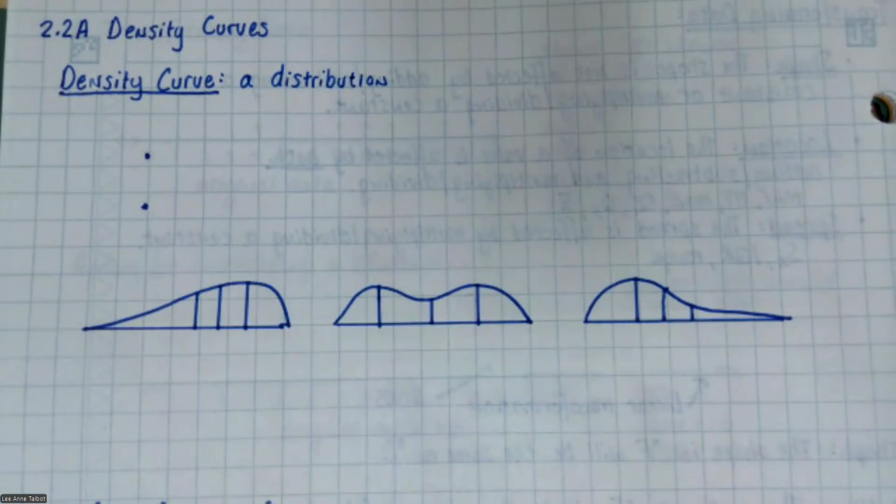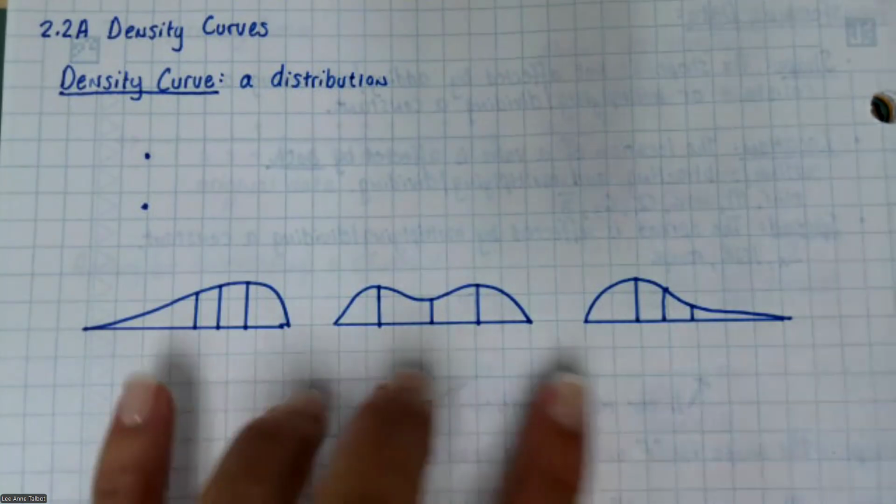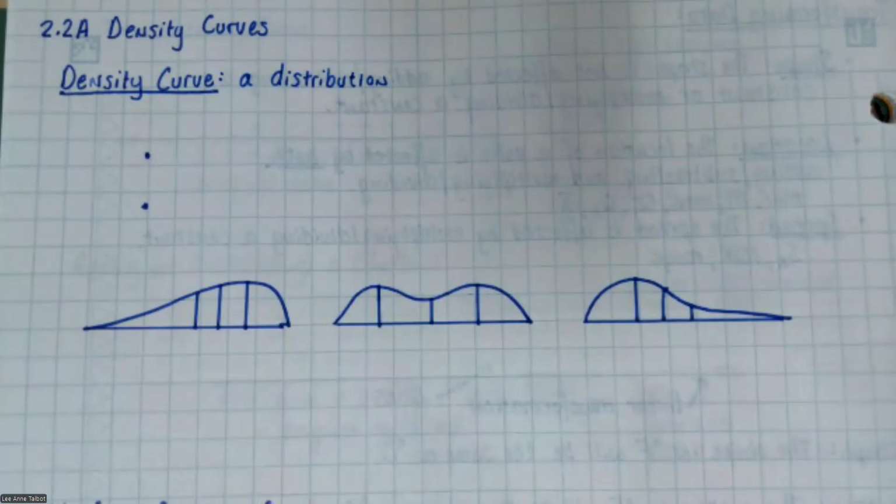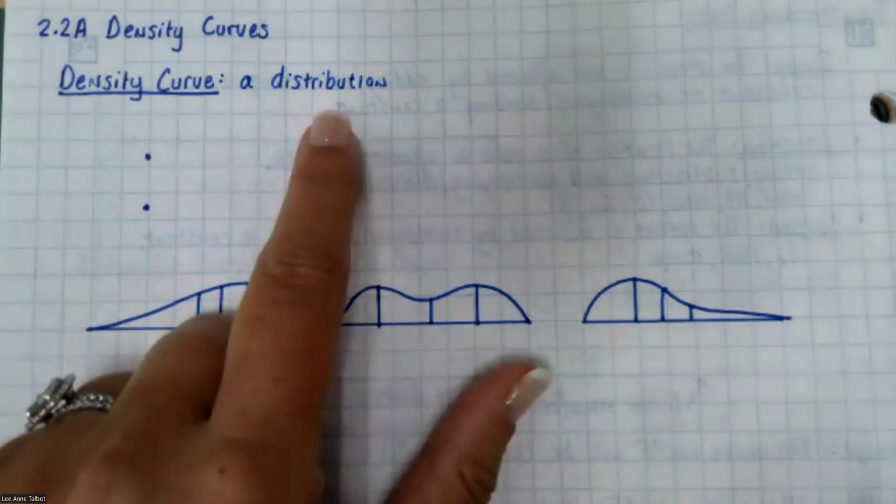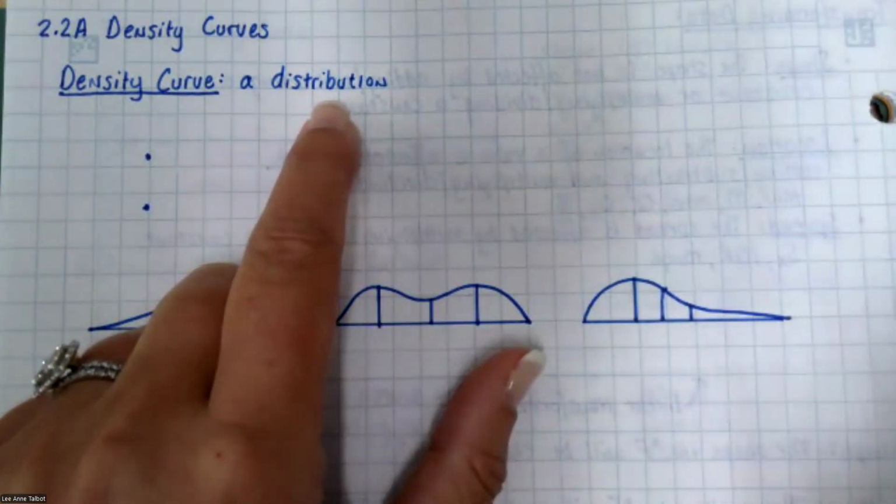Sometimes a data set of numbers is represented in a histogram or a box plot or a dot plot. In our case here, we're going to use a mathematical model for a set of numbers. But anyway, just when you see that word distribution, think set of numbers.